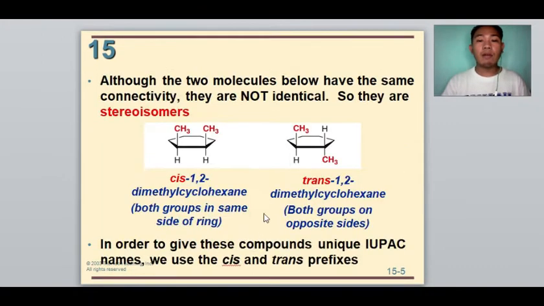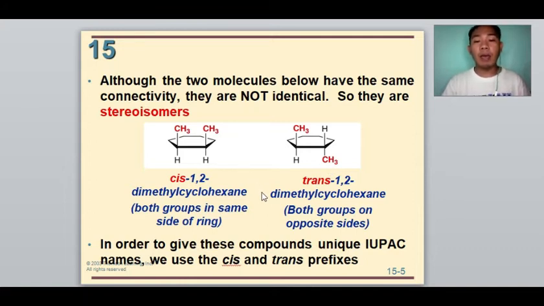Just like what we have in this example. Although these two molecules below have the same connectivity, they are not the same molecule. They are not identical, so they are considered stereoisomers. Focus our attention on the cis and the trans 1,2-dimethylcyclohexane, on the location of the two CH3s.